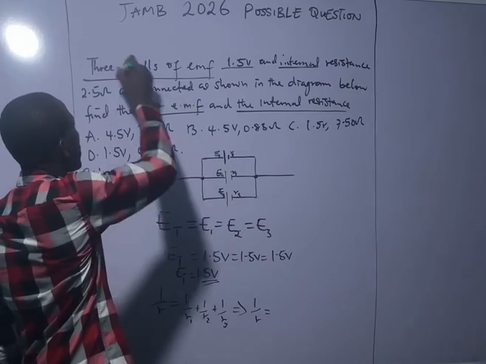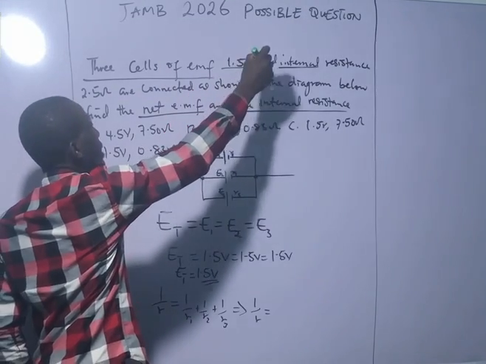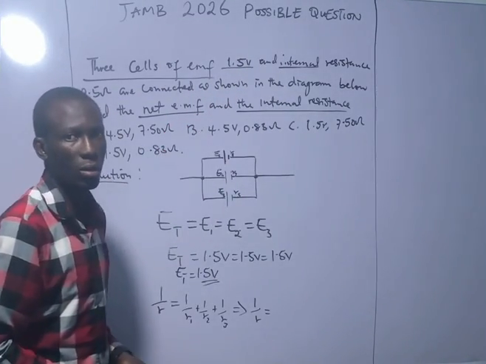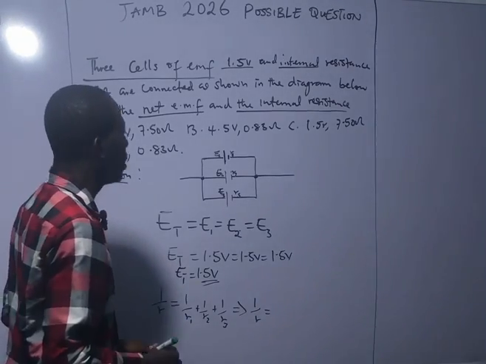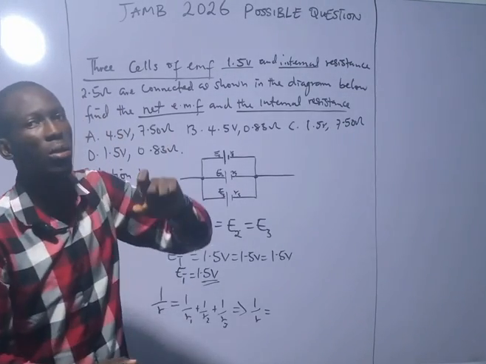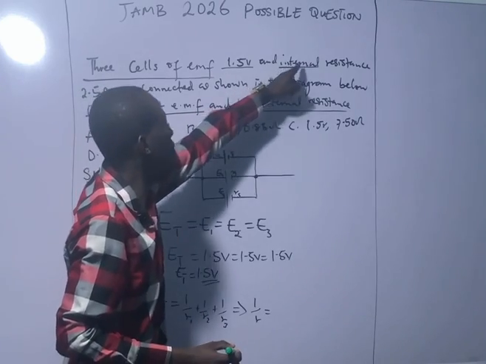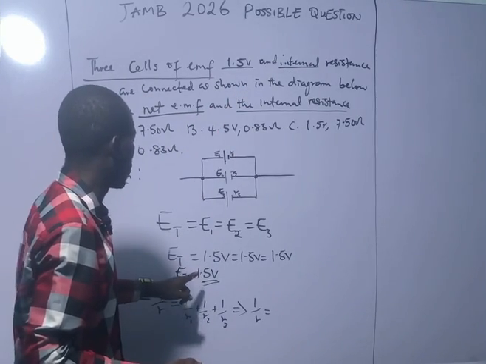We have 3 cells of EMF and internal resistance. So that means that in these 3 cells now, we have that the first resistance will be 1.5.